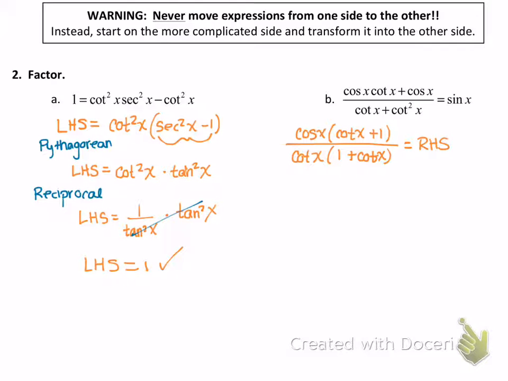So right now we can simplify because we're multiplying these, and cotangent plus 1 is the same thing as 1 plus cotangent. So this is what we're left with. And we're actually going to use the reciprocal next.